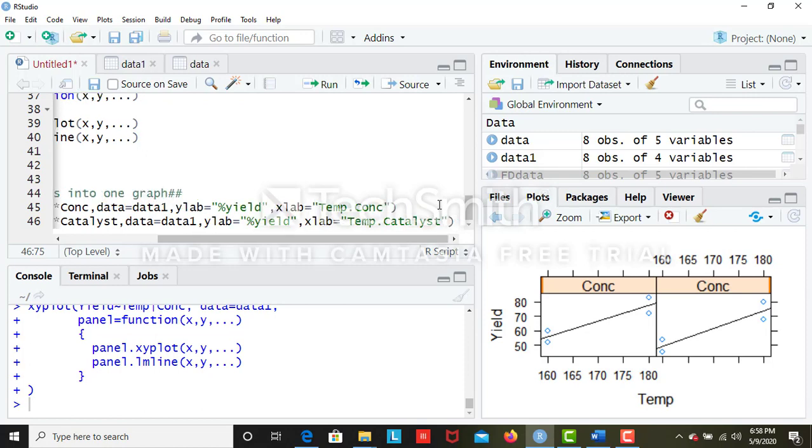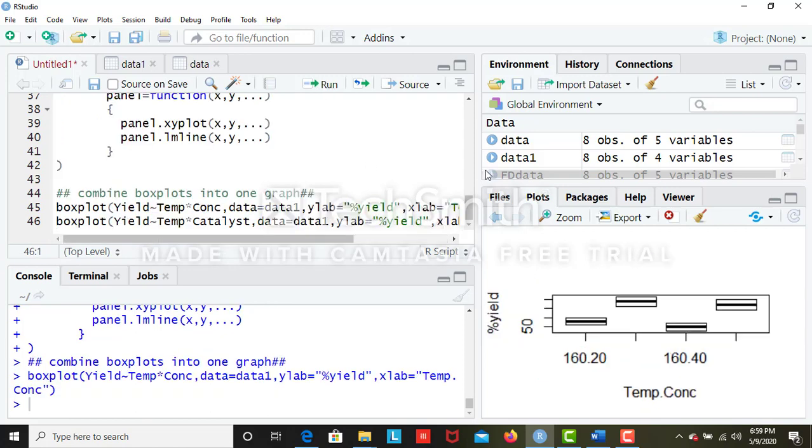Alright, so now I'm going to run these two lines of code to give me my various box plots.